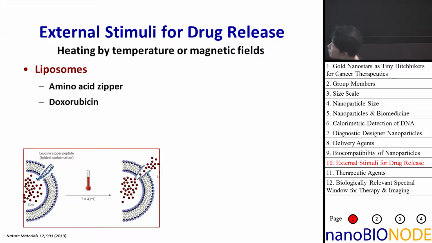So if you heat this up by temperature, then you're going to force this amino acid to come apart, which then selectively allows the doxorubicin molecules, or these anti-cancer molecules, to be slowly released according to a specific time profile out of the liposome. And so you have to find some way to release it, and this is a very clever way. This is based on temperature.